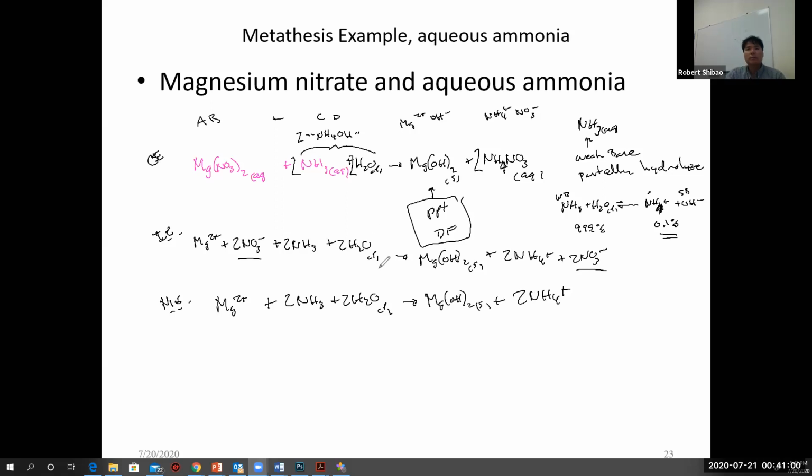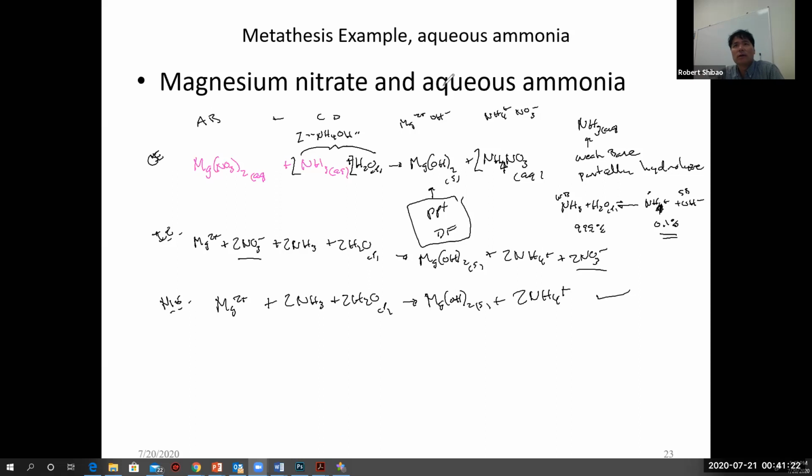We can check atom balance and charge balance: 1 magnesium, 2 nitrogens, 2 nitrogens, 6 hydrogens plus 4 is 10 hydrogens. That's 2 plus 8 is 10 hydrogens. And then the charge, plus 2 here, and then 2 times plus 1 is plus 2. So this checks out. So this would be the net ionic equation.